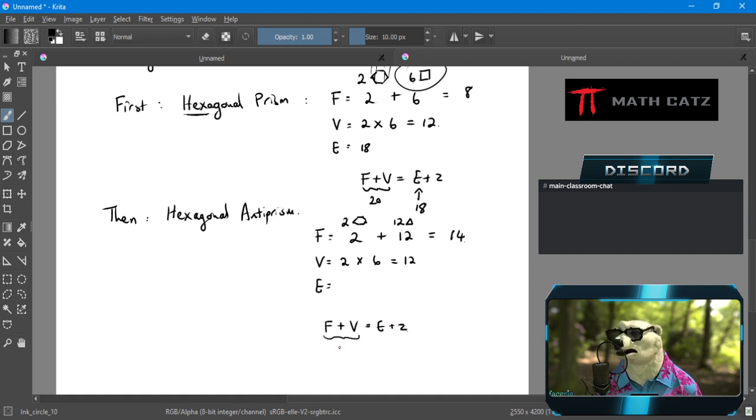Faces plus vertices will now be 26, and therefore the number of edges will be 24, which you're welcome to go and count, but it's not necessary to have a perfect diagram, definitely not for the edges. Just by understanding what the antiprism is built on, what it is coming from, I have to understand that original shape first, and understand how it's deformed and changed to get my new numbers.